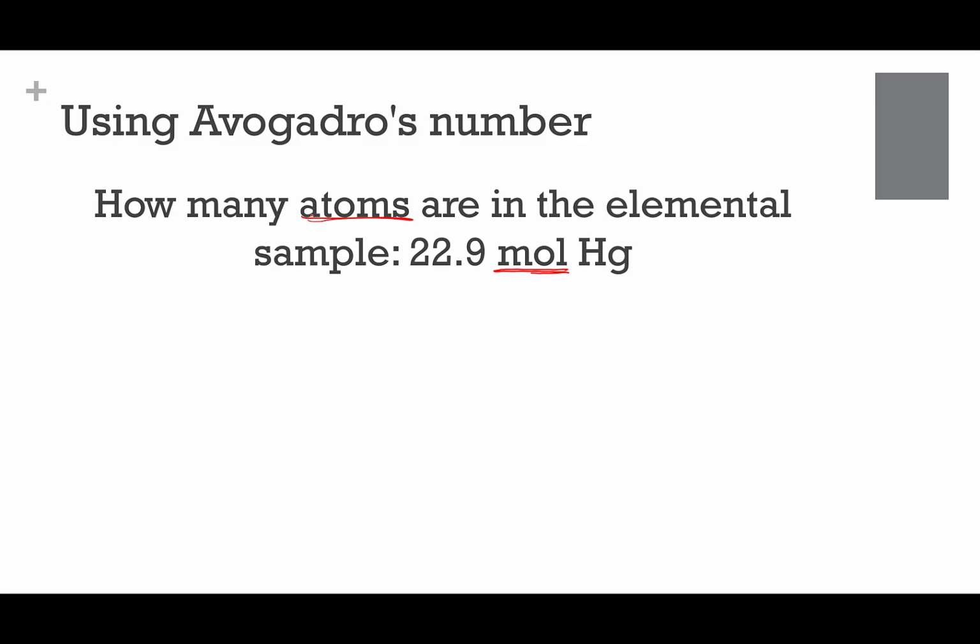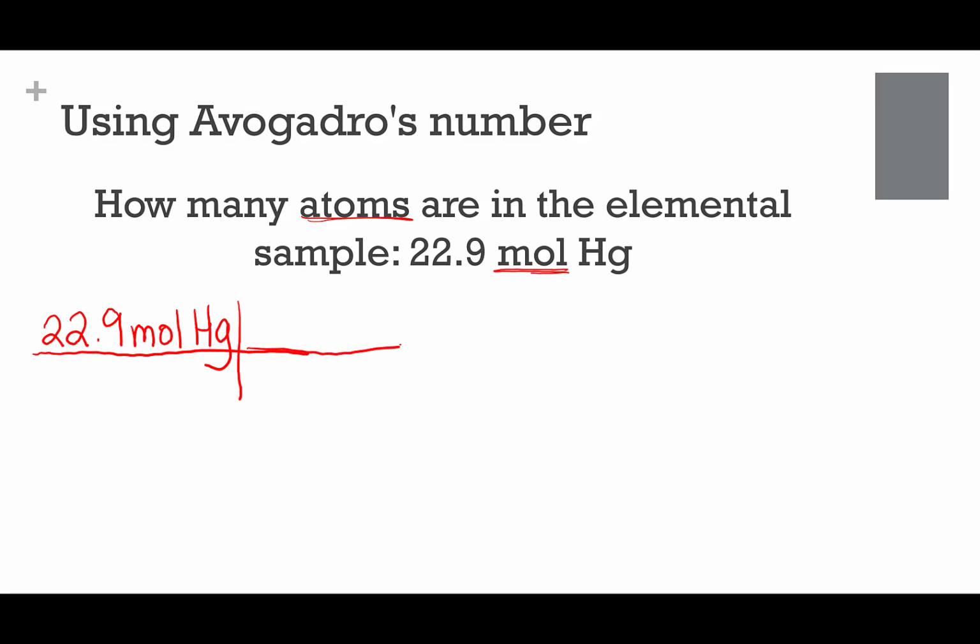So what are we going to do for every dimensional analysis unit conversion problem that has ever existed? We write down the information that's given. So the first thing I'm going to write down is 22.9 moles of mercury. I'm going to draw my train tracks.